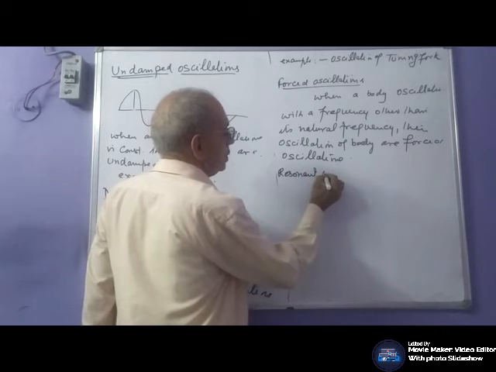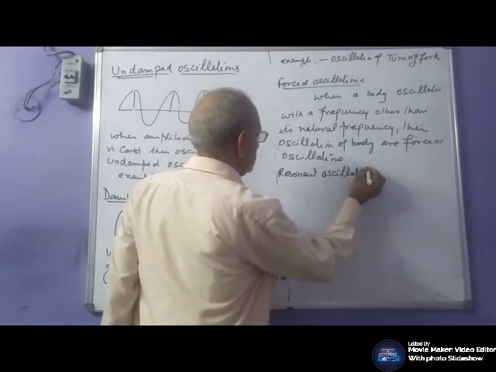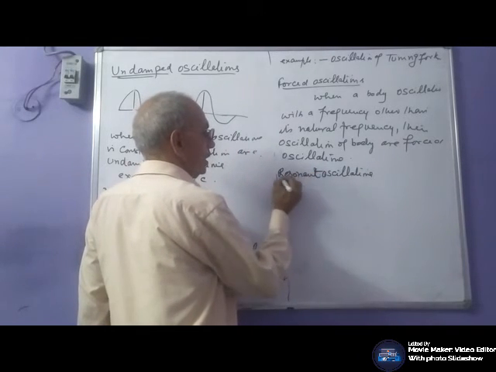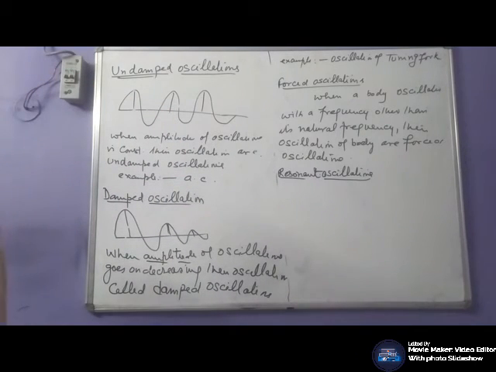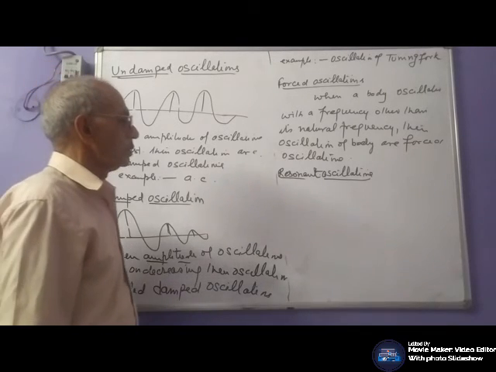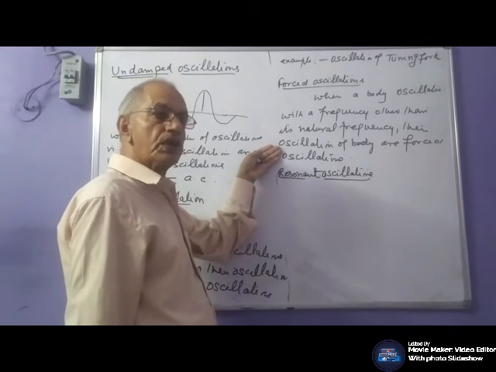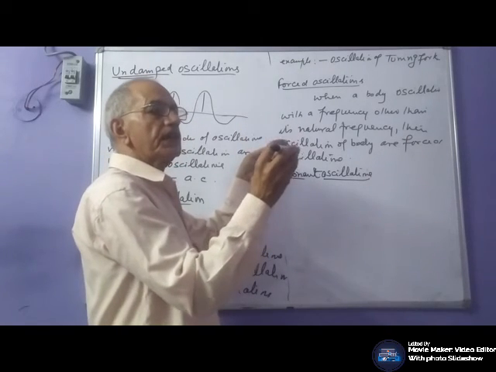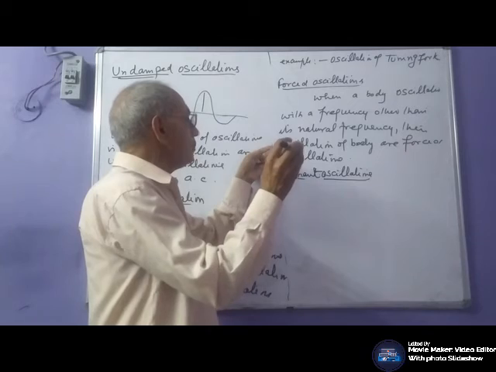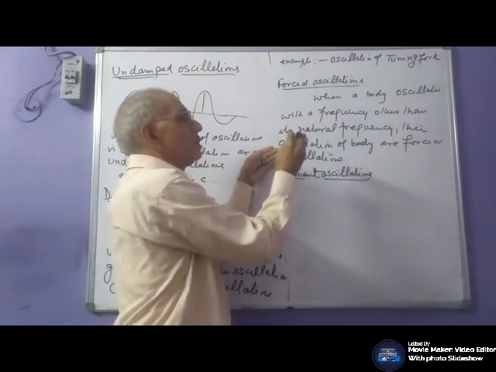Resonant oscillations. These are also forced oscillations. Board frequency 20. Marker say 30, and the marker made this board vibrate with a frequency of 30.